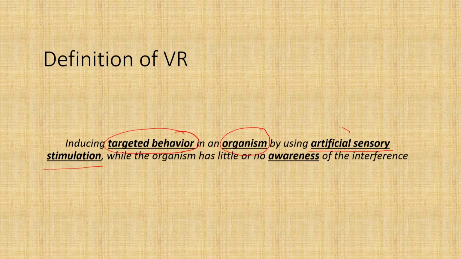So, the nature of the stimulation of the senses is artificial, which is that it is not from the natural world, it is something artificial that we generate. And it is also important that while we are doing it, the organism has little or no awareness of this interference and is completely taken over and is able to induce the desired targeted behavior.